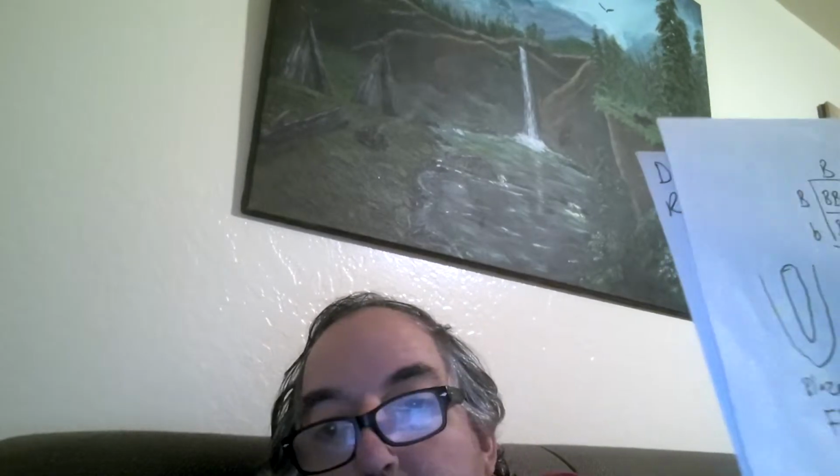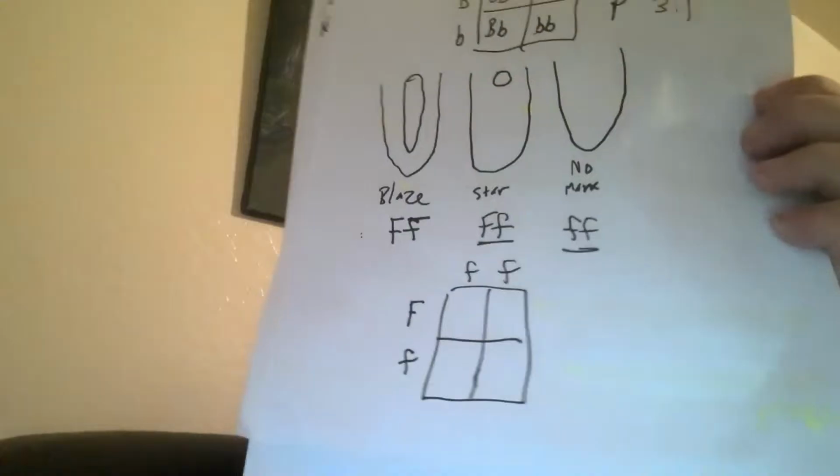So let's cross a horse with a star. It's going to be big F, little f. And a horse with no facial markings, little f, little f. So we have a big F, little f, and 2 little f's, okay? All right. So then we'll fill them in.